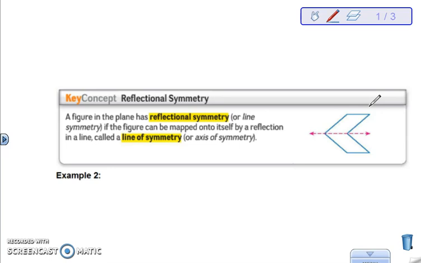Another way of saying it is that the line of symmetry cuts the figure so that you can reflect one side across and everything matches up. If you're looking at this little figure right here, the line in the middle is our line of reflection, our line of symmetry. Since we're reflecting across that line, this is reflectional symmetry.